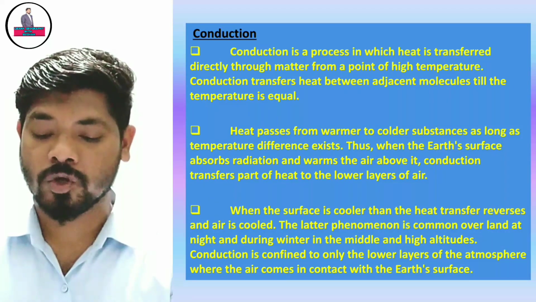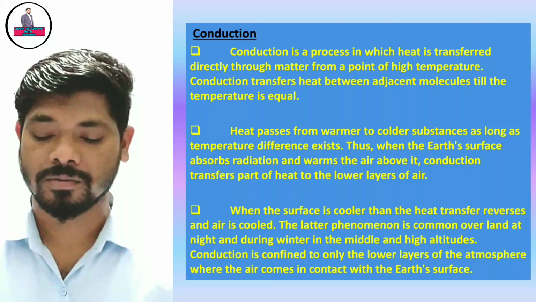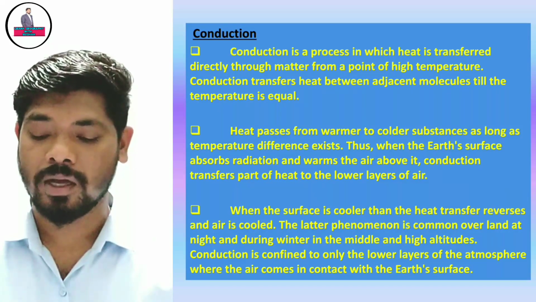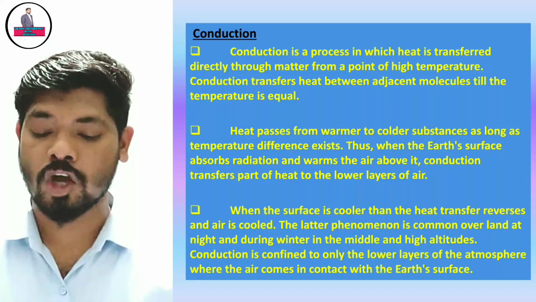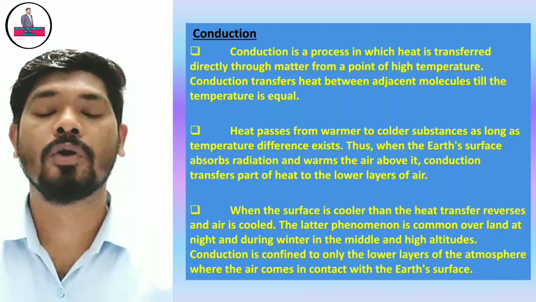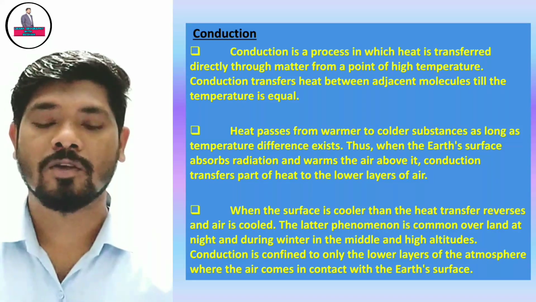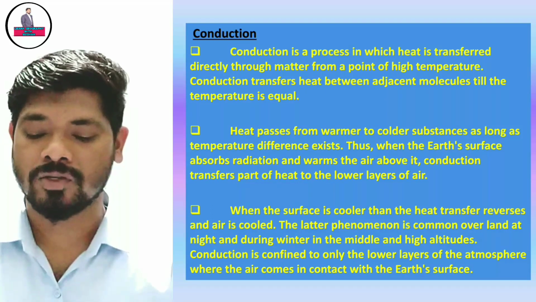When the surface is cooler, the heat transfer is reversed and the air is cooled. The latter phenomenon is common over land at night and during winter in the middle and high latitudes. That means in the cooler areas, like the polar areas, when the surface of the earth is cool, the coolness will be transferred.